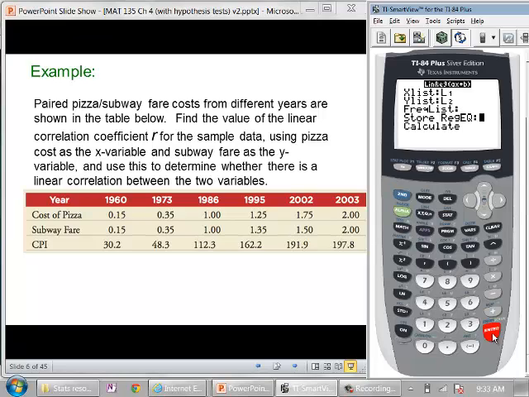So I'm just going to enter through this. If you have an older version of the calculator, it will just come up on your home screen and say lin reg AX plus B, and you can just push enter.